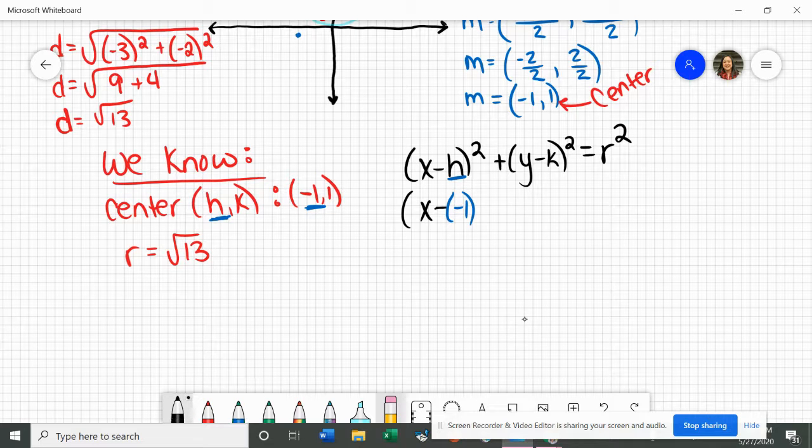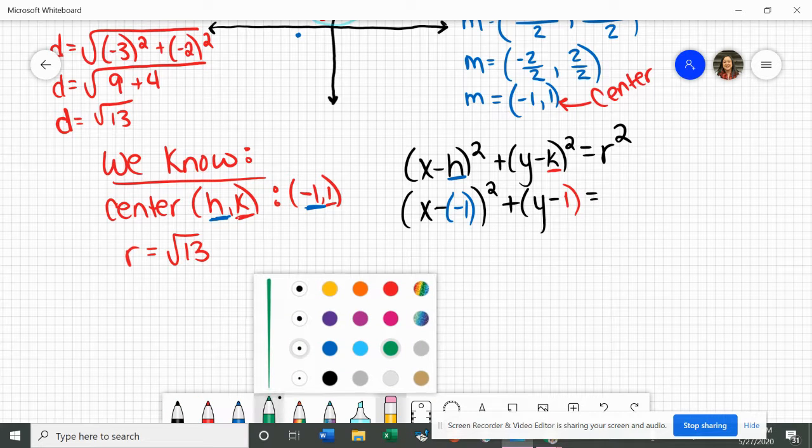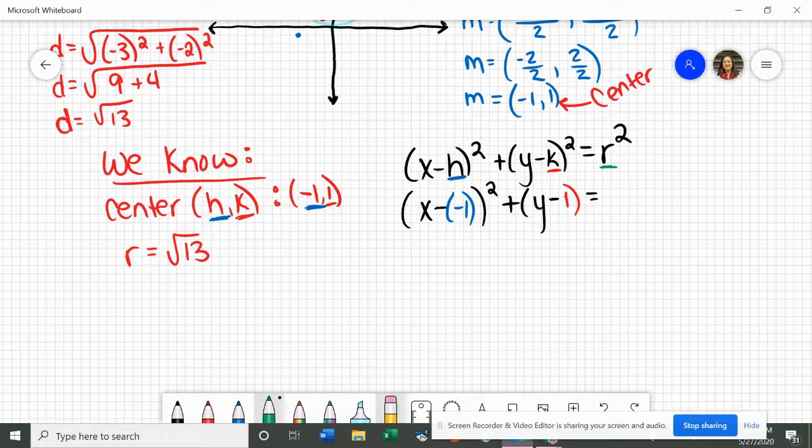And I'm going to close my parentheses, all squared, plus y minus, let's use a different color, my k, which is a +1, all squared, is equal to my r, which I found over here. My r is equal to the square root of 13. But I have to remember to square that.